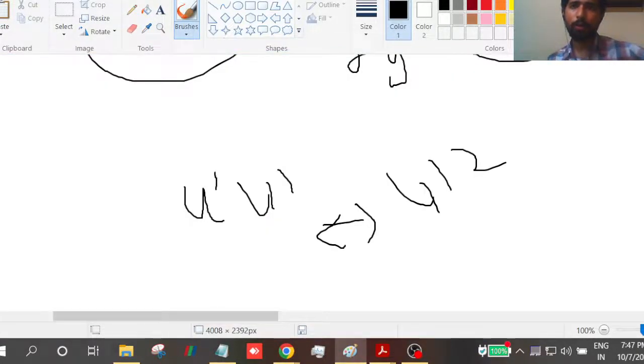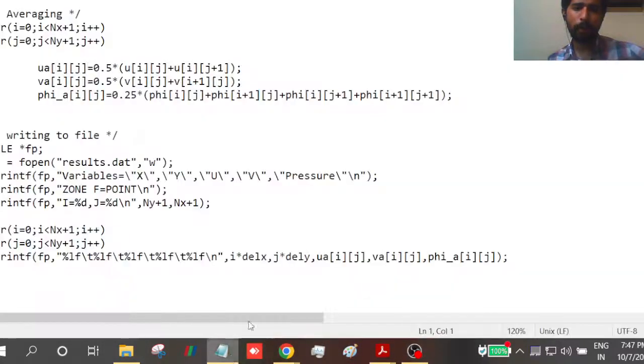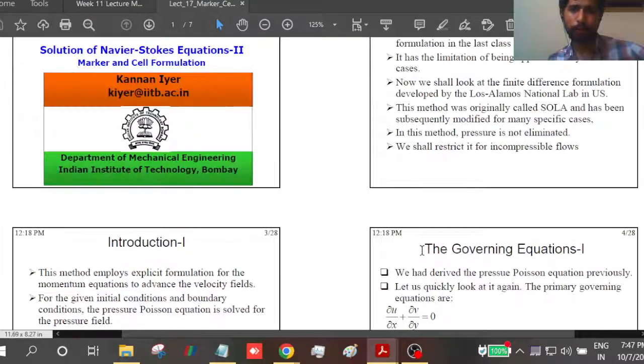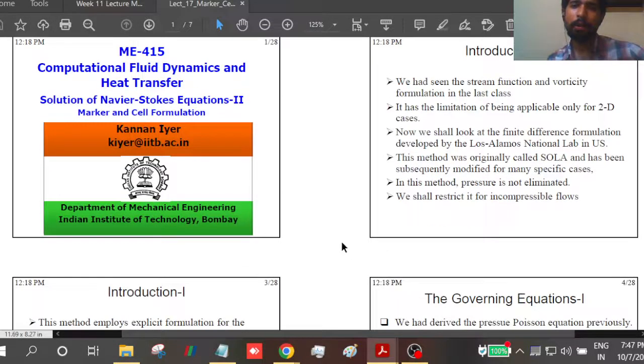Let us try to see one of the important algorithms through which you can solve the Navier-Stokes equation. This is mainly called the marker and cell algorithm, as I told earlier. In short, it's called the MAC algorithm. Previously we had seen that we can use the vorticity stream function to solve the Navier-Stokes equation, but it was mainly limited to two-dimensional flows.